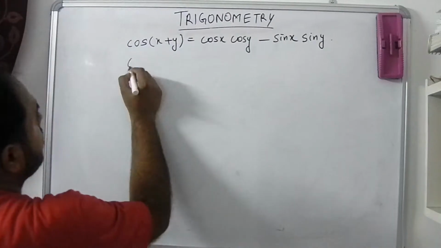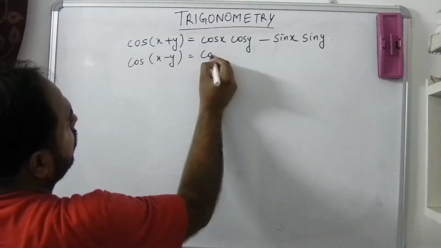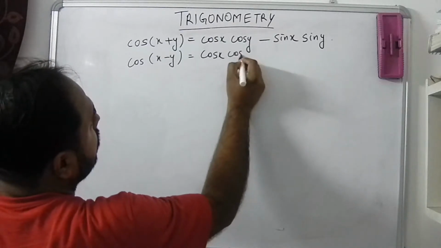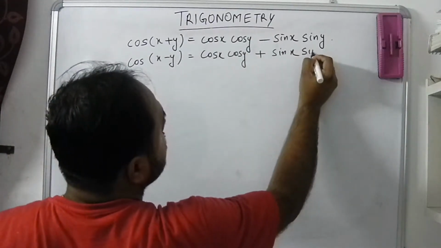That's one. Second was cos of x minus y, which gives cos x cos y plus sin x sin y.